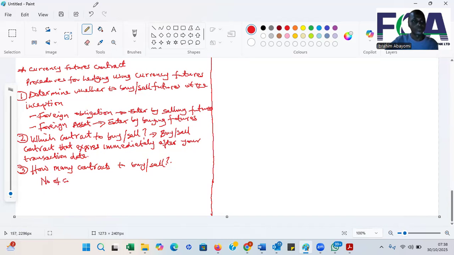Number of contracts is equal to your exposure over contract size. Exposure over contract size. That's how you get your number of contracts.